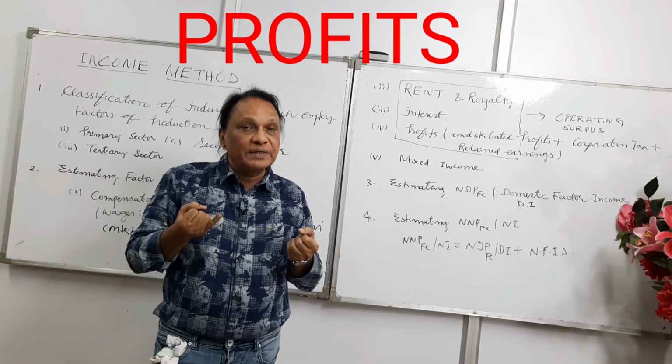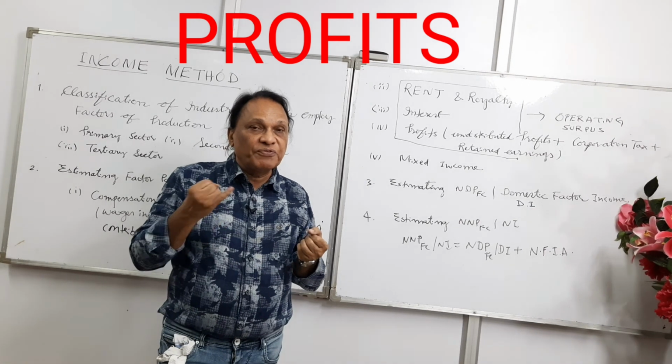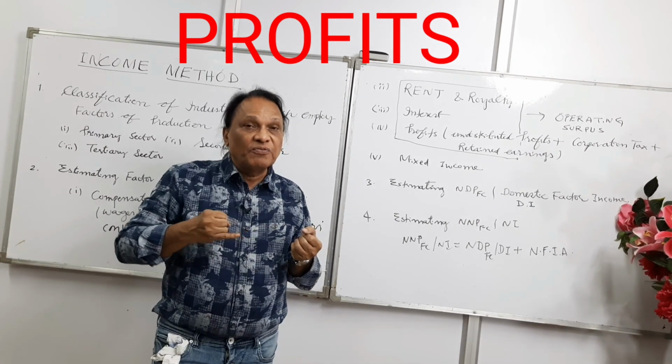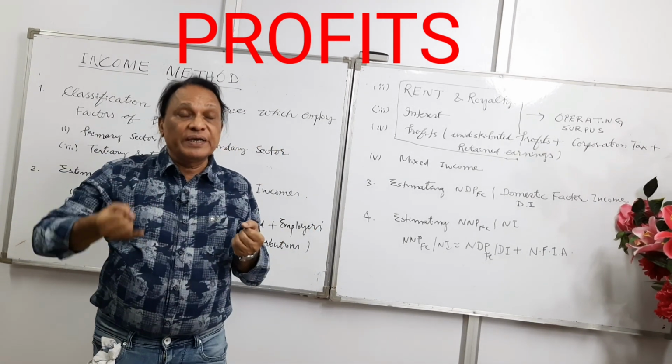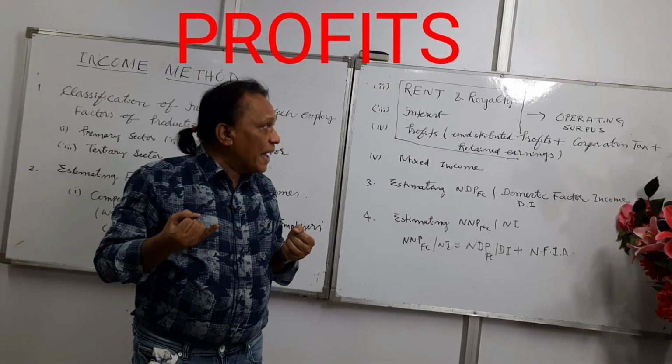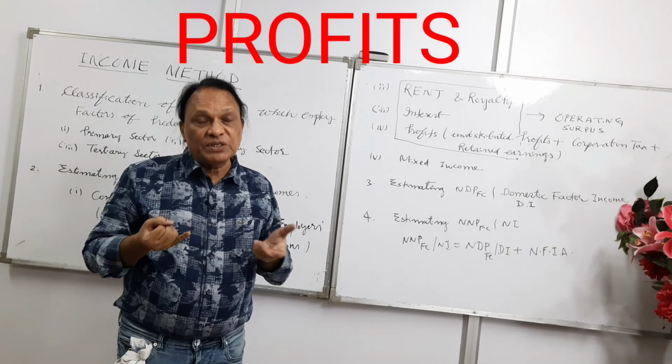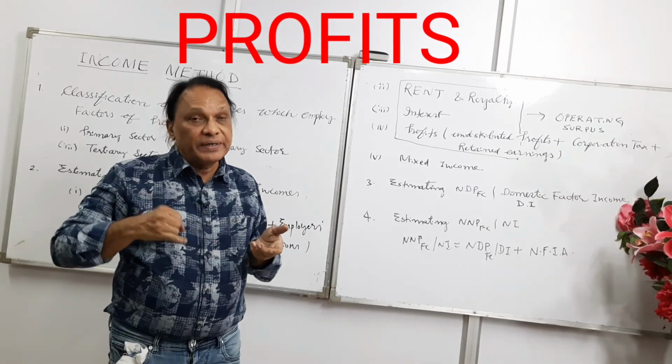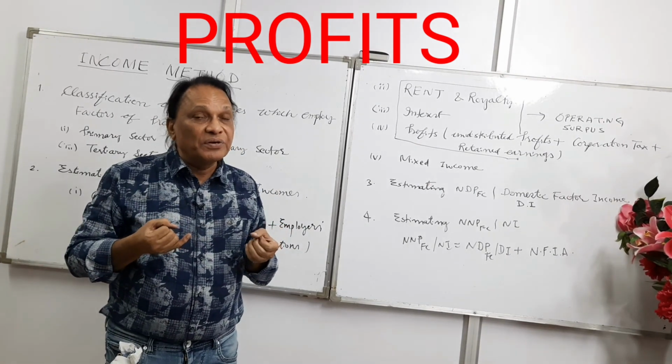What do they do with that? A part of the 60 crores, the firm keeps for further development of the firm. In economics, we call this undistributed profits, or savings of the private enterprises, or retained earnings. Account students know it as reserves.